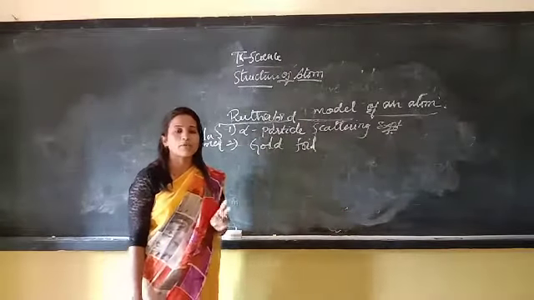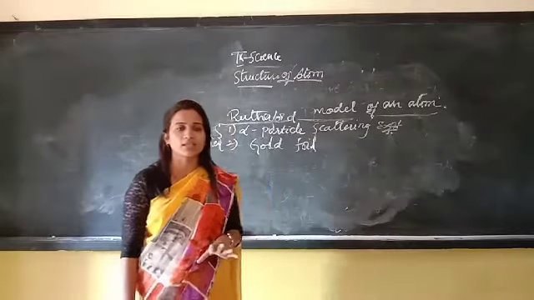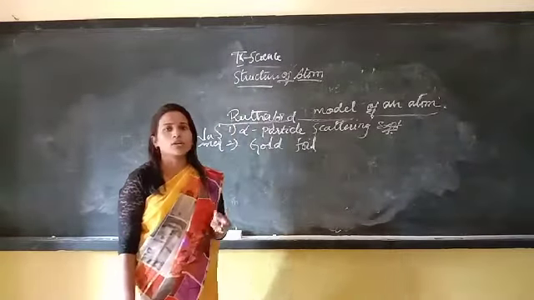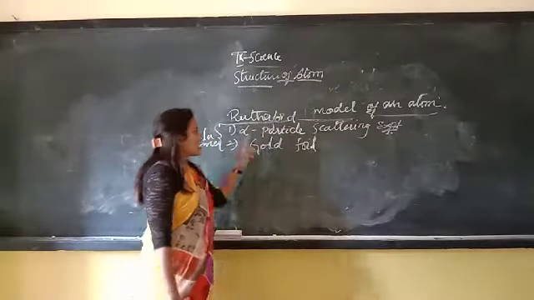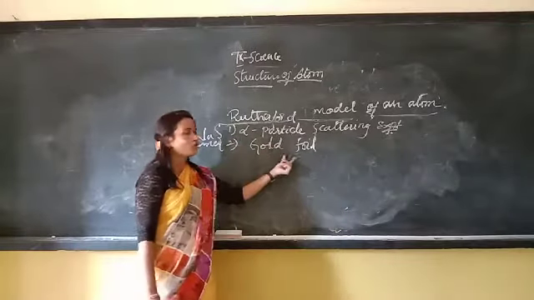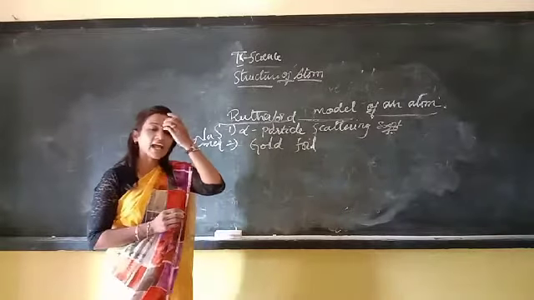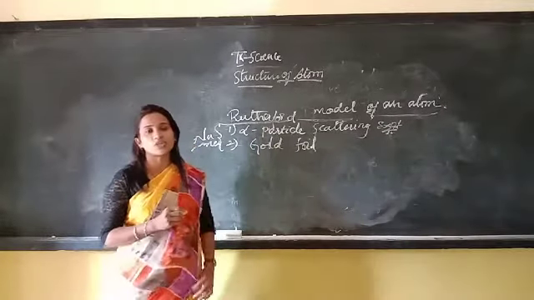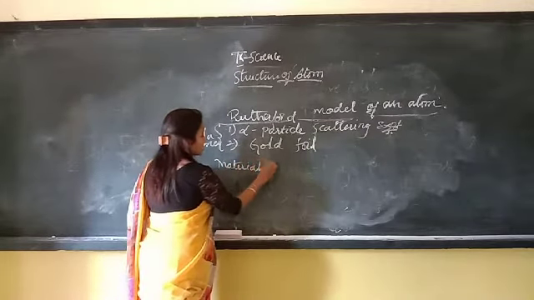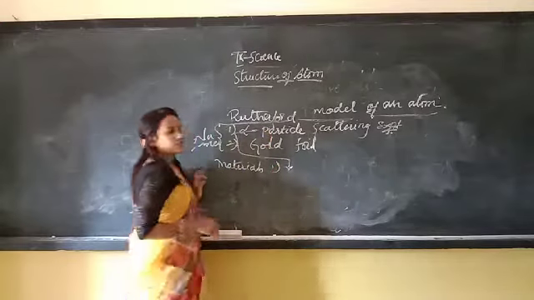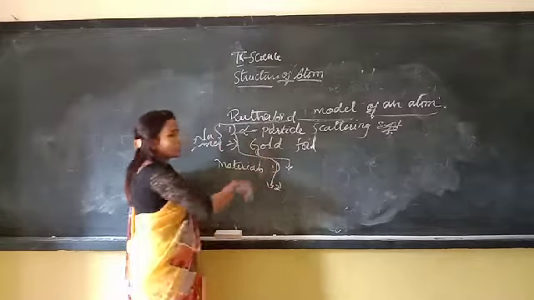He prepared the model to show how the structure of atoms is formed. For this experiment, there are two names: the alpha particle scattering experiment and the gold foil experiment. In this experiment, the materials he had taken were first the alpha particle and second the gold foil.